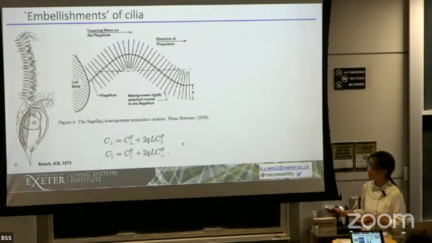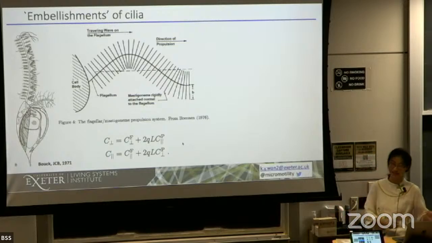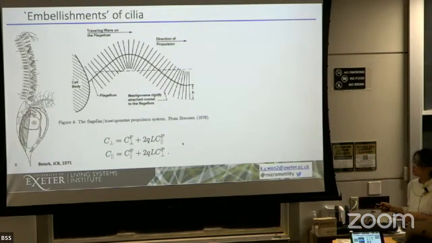So in the case of a naked filament, if you propagate away from left to right, the organism gets propelled to the left. But in this case, if you watch a video, this organism swims to the right.